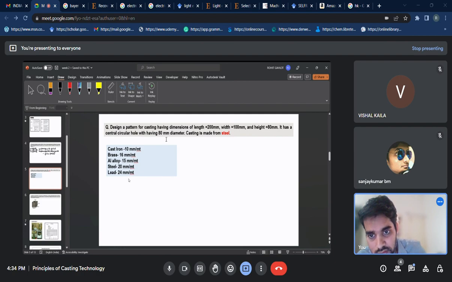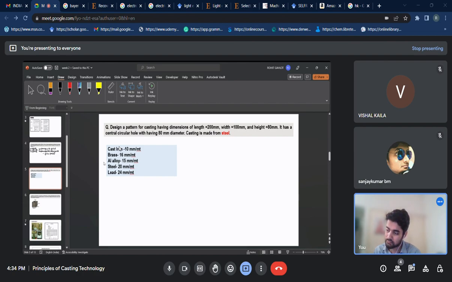We need to design a pattern for a casting with dimensions of length 200 mm, width 100 mm, and height 80 mm. It has a central circular hole with 80 mm diameter. Same as before, the casting is made from steel. This table summarizes, for different materials, how much increment in length happens per 1 meter.